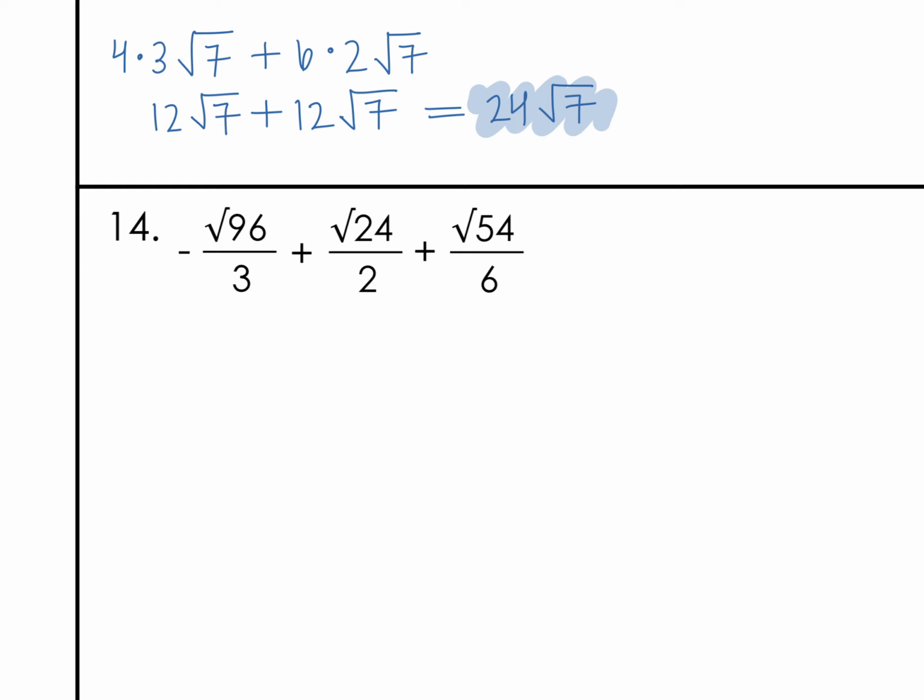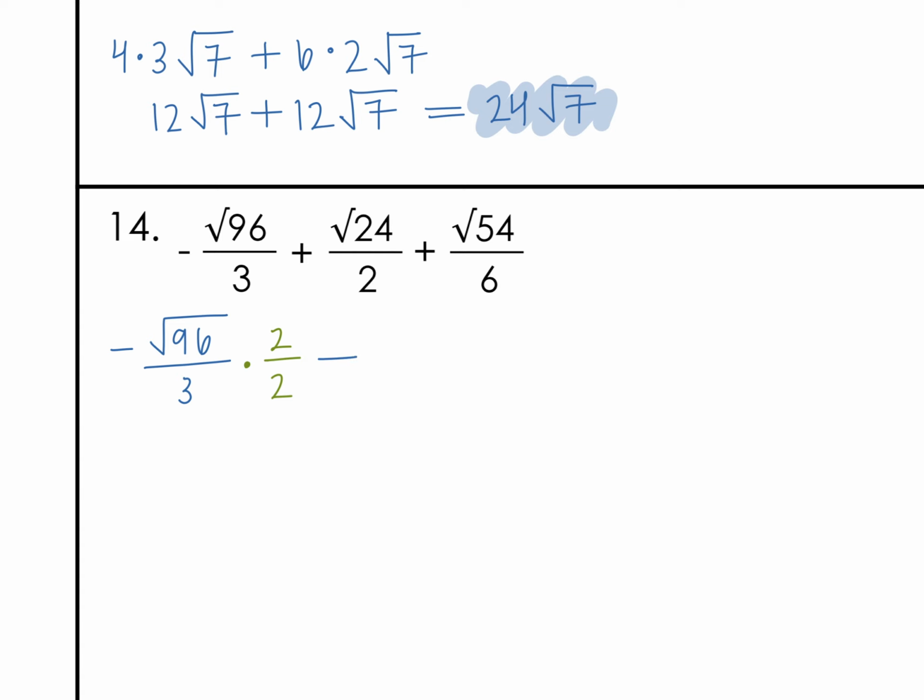So if I can make all of my denominators 6, then I'll be able to add the numerators together to simplify. Okay, so in order to make that happen, I'm going to take my first fraction, that negative square root of 96 over 3. I'm going to multiply that by a 2 over 2.